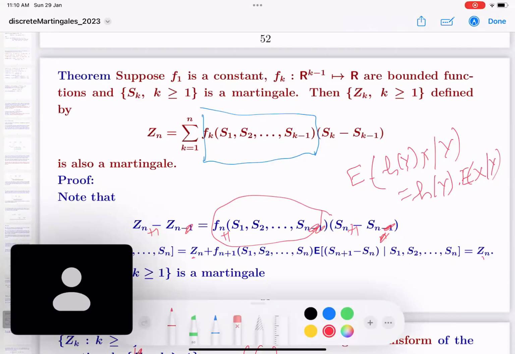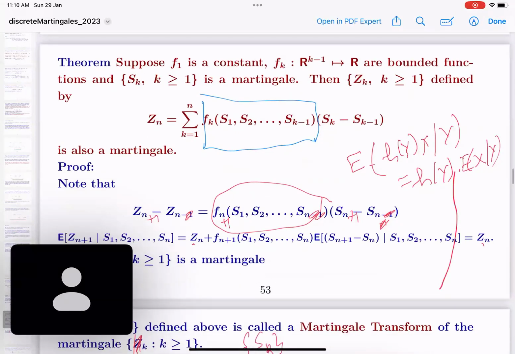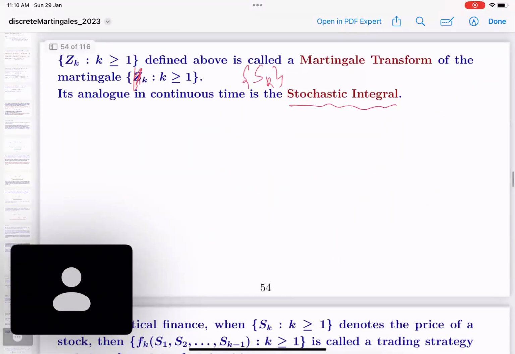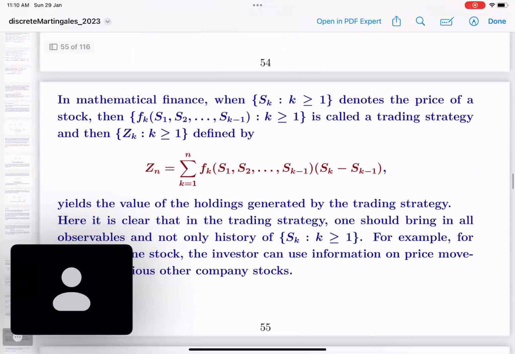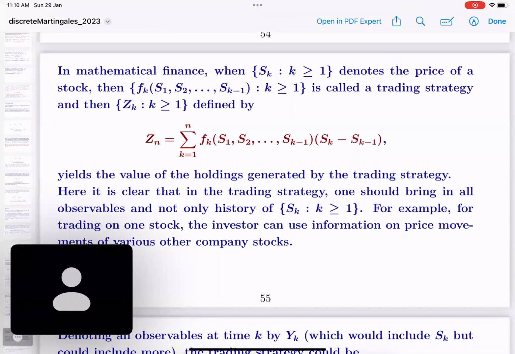Okay. In mathematical finance, when Sk denotes the price of a stock, then Fk(S1, S2, ..., Sk-1) is called a trading strategy.